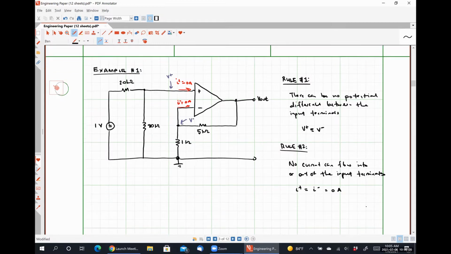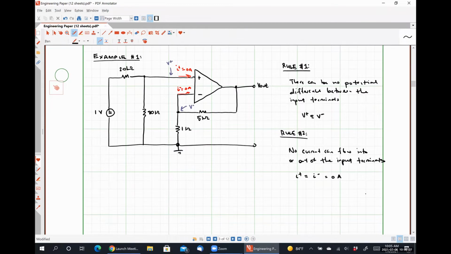All right, so with a refresher on the rules, who can tell me what our first step of analyzing an op-amp circuit should be? Who remembers from last Thursday? You find the voltage at the non-inverting input. Exactly right.